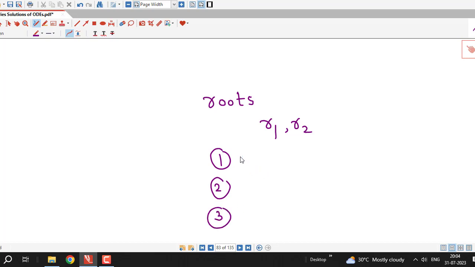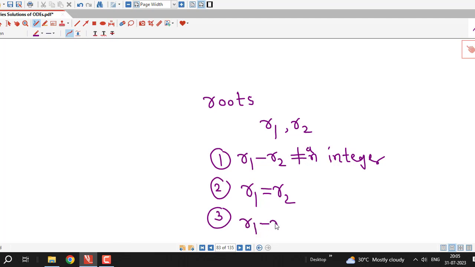The first case was R1 minus R2 is not equal to an integer. The second case was equal values of R1 and R2, and the third case is R1 and R2 differ by an integer, that is, their difference is some integer.